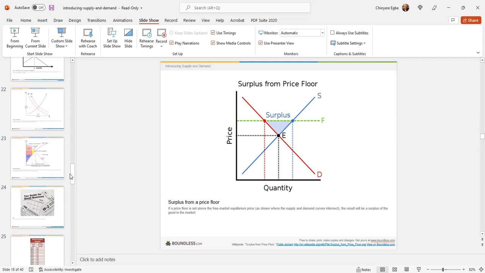Okay, when you have minimum wage, you have what you call a price floor. Okay, and then you also have sometimes a price ceiling, the highest price at which you can sell something, and you cannot sell higher than that price. And so if there's a price ceiling, okay, so what you have here is a surplus, okay? The highest price that you can sell.